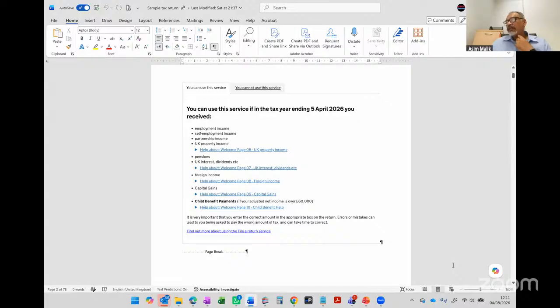You're getting child benefit payments, so at certain income, which is £60,000 this year, it has to be paid back. There's a new thing this year: if the person is of pension age and is getting the winter payment allowance, which is £200, and if their pension income is more than £30,000, then they will have to pay that £200 back. Again, this has to be through the tax system.